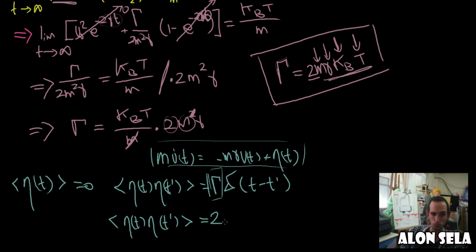We want 2m gamma k Boltzmann T times the Dirac delta function of t minus t prime.